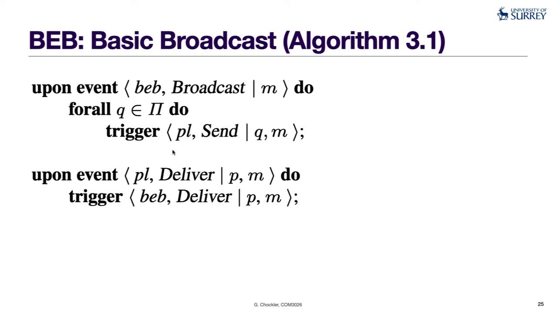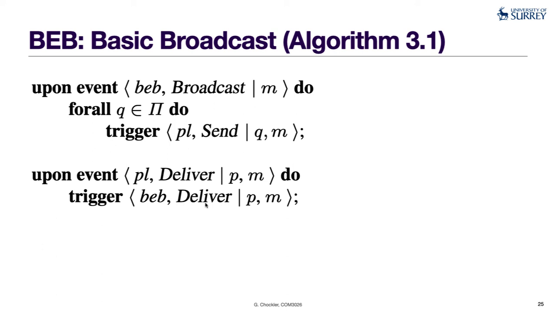To deliver an event to an application or to an upper layer, the deliver occurs every time we get a deliver from a perfect point-to-point link.